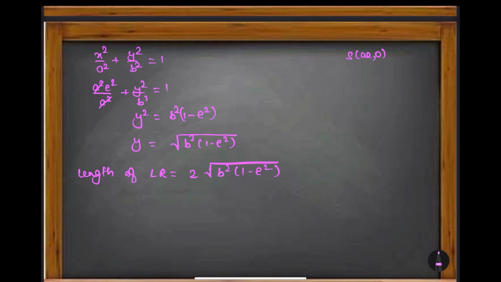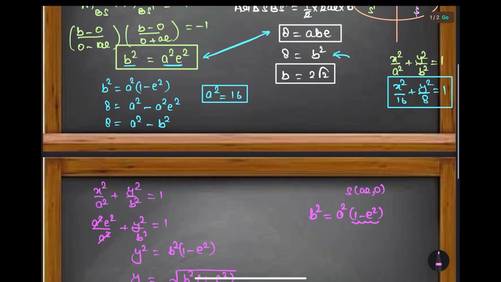Yes, in the relationship. It is horizontal, so a is bigger, so a goes inside, b square equals a square into 1 minus e square. So 1 minus e square is b square by a square, and the length is 2 times b square by a. Who is b? b square is 8, so go with 8.